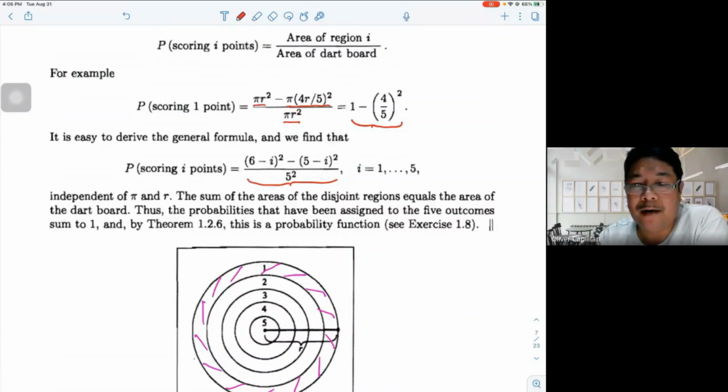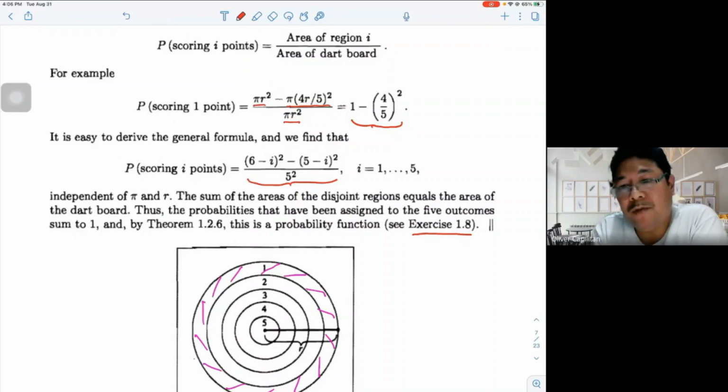Notice that in our function P, it is independent of pi and at the same time r. According to exercise 1.8, our defined function P is a probability function.